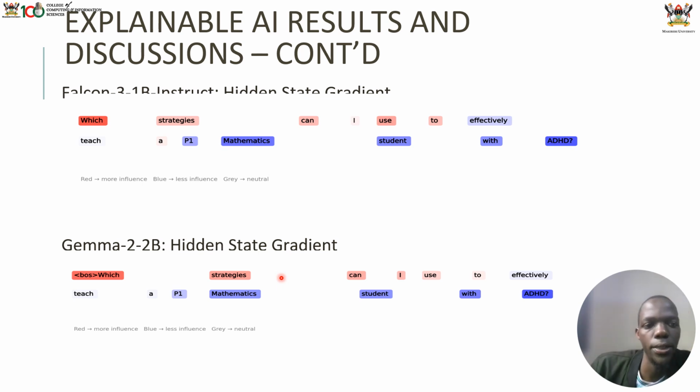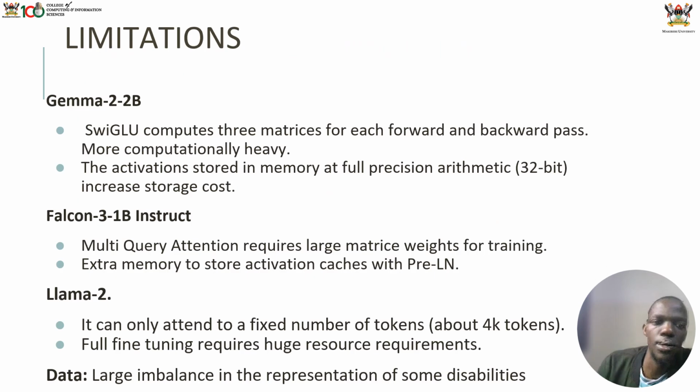The red indicates that the token is given much attention compared to the rest, red is greater attention, then blue is less attention. So we can see that in such an equation, this token is given the most attention, followed by these tokens, the mathematics, the students, and so on. So basically that is it.